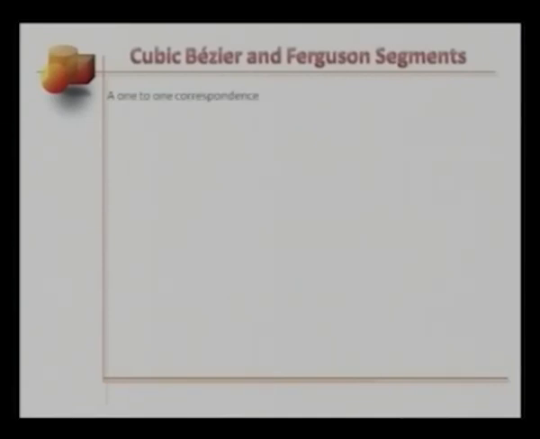There is a one-to-one correspondence between these two segments. For a Ferguson curve, the position vector is given by this 1 by 4 matrix of u cubed, u squared, u, and 1, the Ferguson coefficient matrix, which is of size 4 by 4, and the geometric matrix. Here you have the first point, the second point, the first slope, and the second slope.